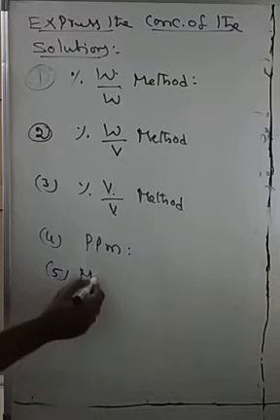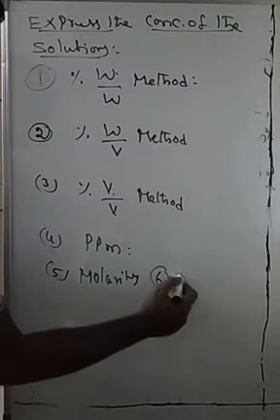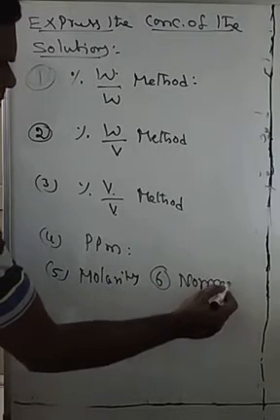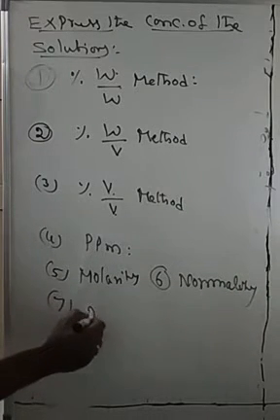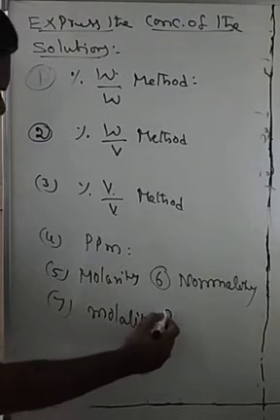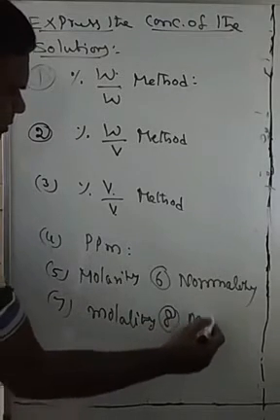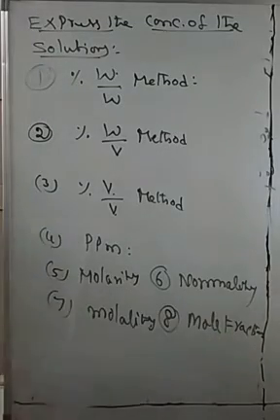Fifth one is molarity. Sixth one is normality. Seventh one is molality. Eighth one is mole fraction. These are the various methods to express the concentration of solutions.